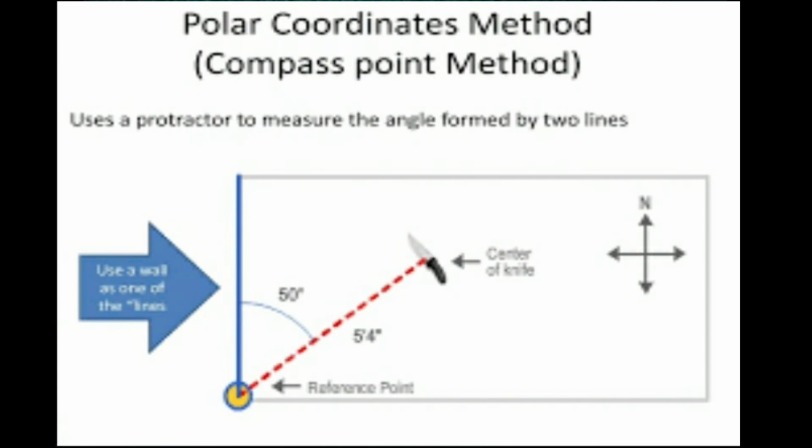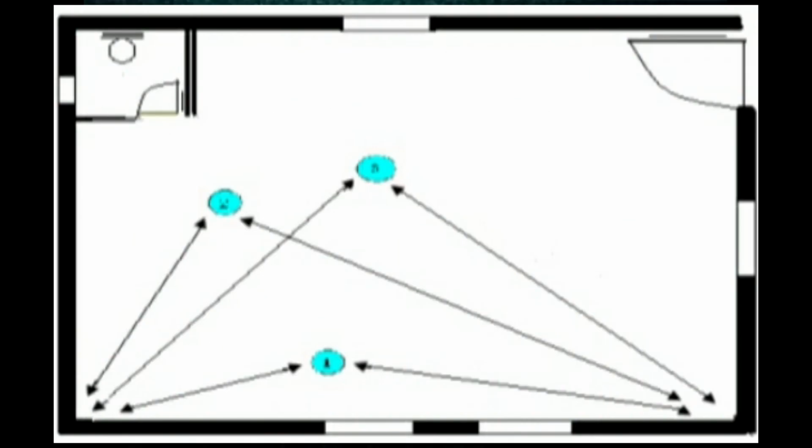Yan. Then triangulation method. It is a type of measurement used in sketching wherein an object is located by drawing two straight lines from two fixed points creating a triangle. Okay, so makikita naman doon po sa sample natin, no?